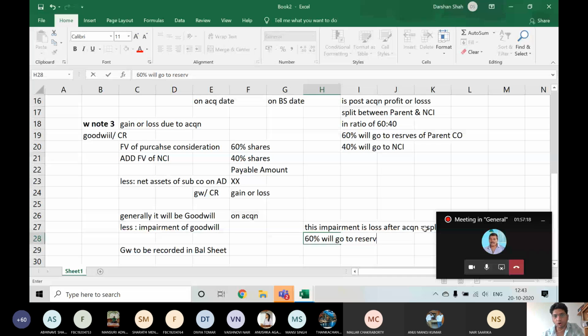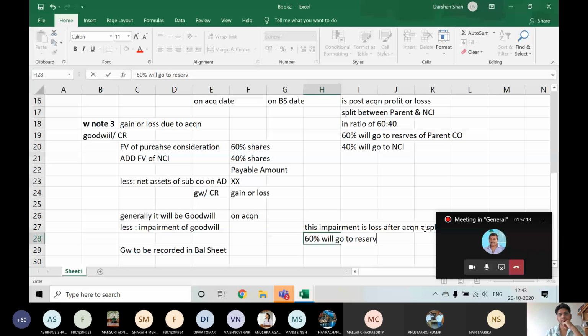Let us say these are same, बट चेंज सिर्फ इन तीनों में है, वैसा भी हो सकता है. So then again the difference will be post acquisition है तो डायरेक्टली 60-40 में स्प्लिट करना.